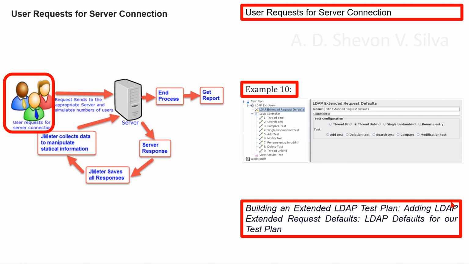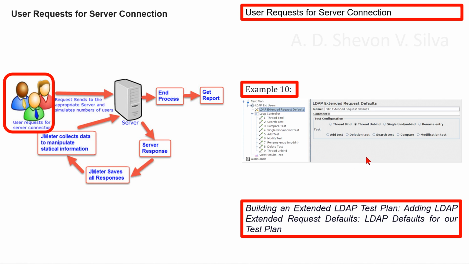For each request, you can override the default by filling the default values in the LDAP extended request sampler. When no value is entered which is necessary for a test, the test will fail in an unpredictable way.